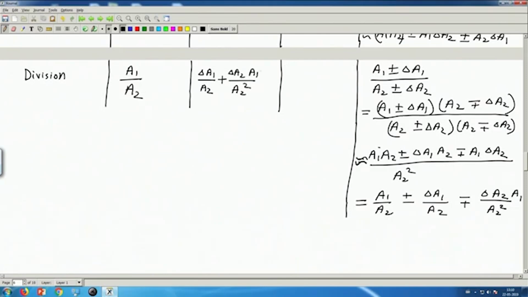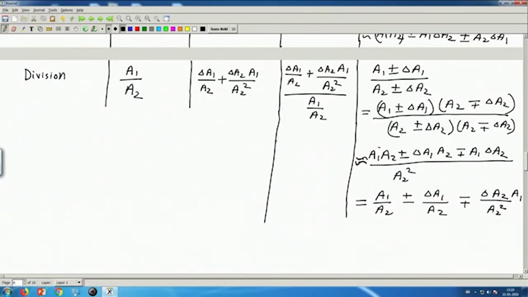Now what will be the relative error? Relative error will be this divided by this. So let's write it: delta A1 by A2 plus delta A2 A1 by A2 square, whole divided by A1 by A2.